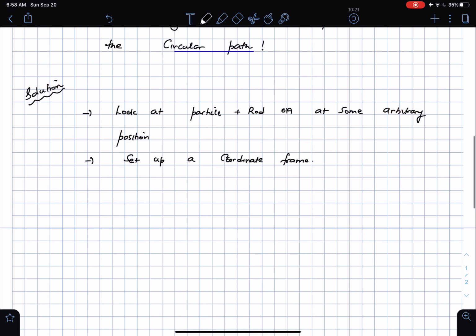So I shall set up a polar coordinate frame with a fixed observer at the point O. Okay, so this is what I'm going to be doing.